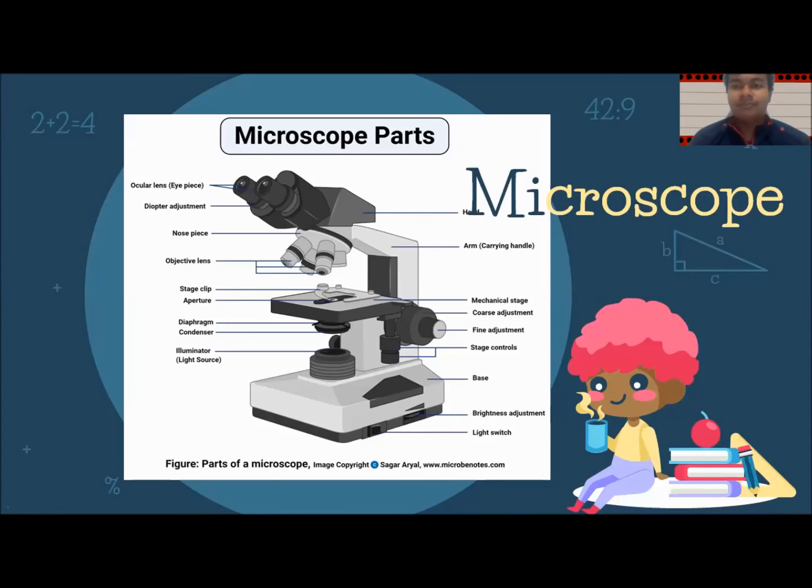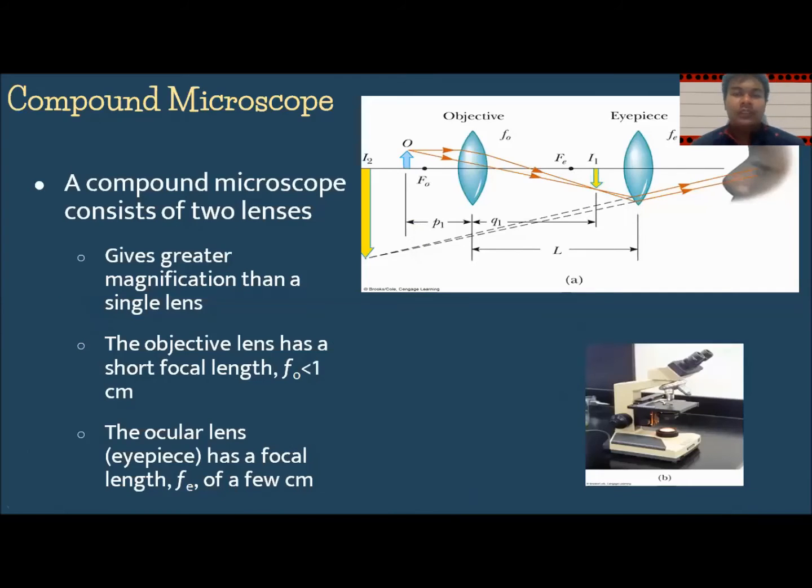Next topic, we talk about the compound microscope. A compound microscope consists of two lenses. First, it gives greater magnification than a single lens.